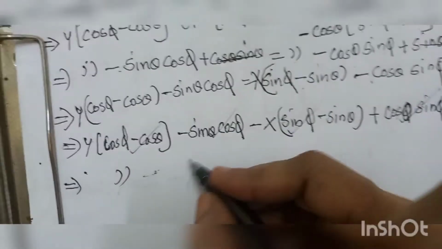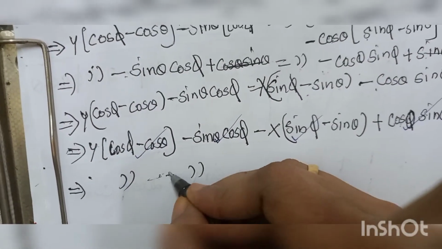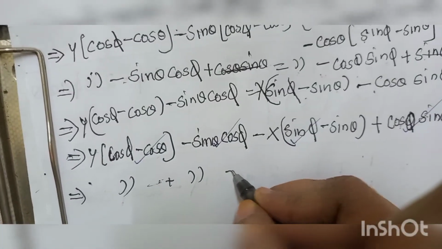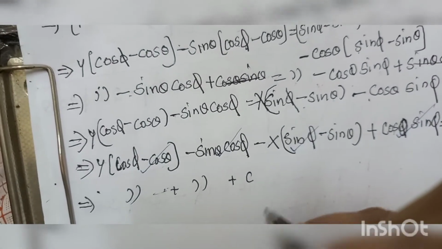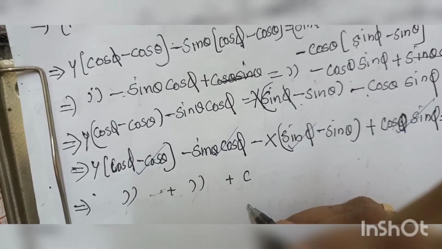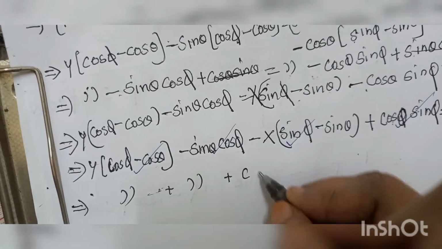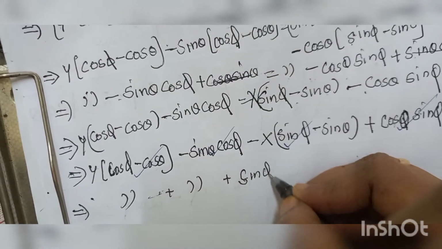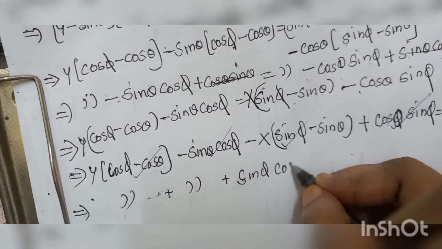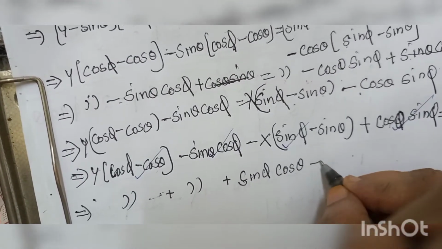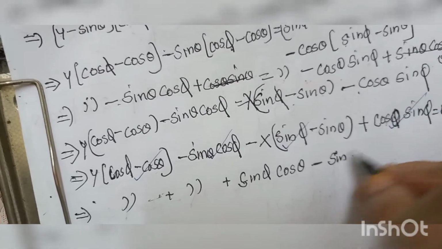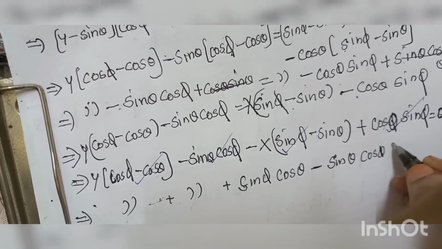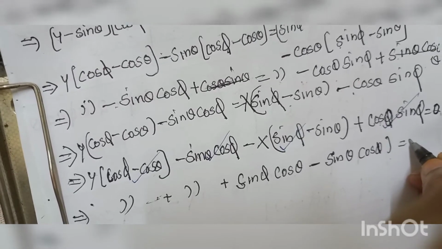Okay, so these two terms nothing to do, and this term combine together, so we get sin phi cos theta minus sin theta cos phi, which is equal to 0 we get.